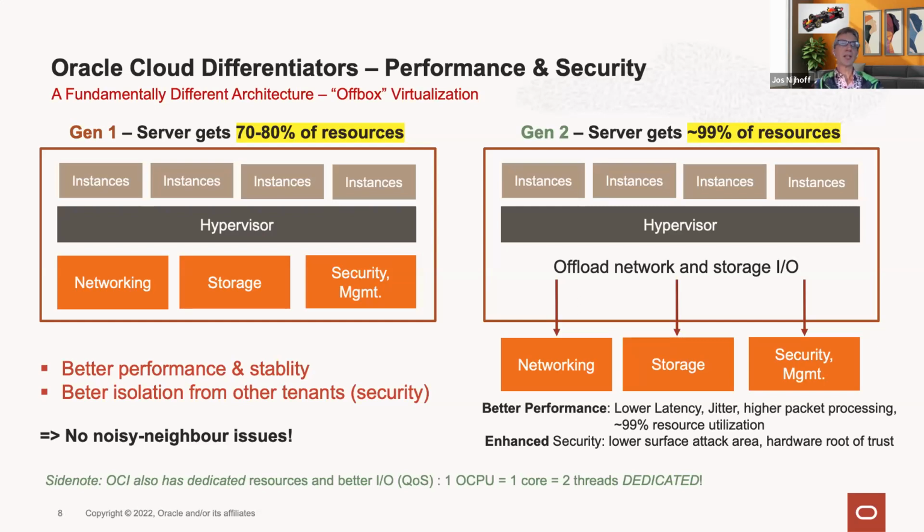OCI also has dedicated resources. That's a side note to this, and better I/O and quality of service. If you get one OCPU, which is one core, one core is a dedicated core with 2 threads. Not in every cloud is that the same thing. What this solves is the problem of the noisy neighbor.